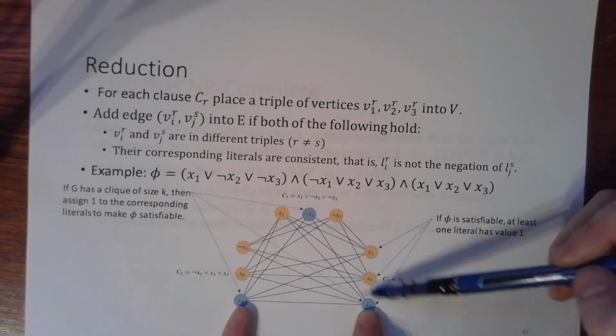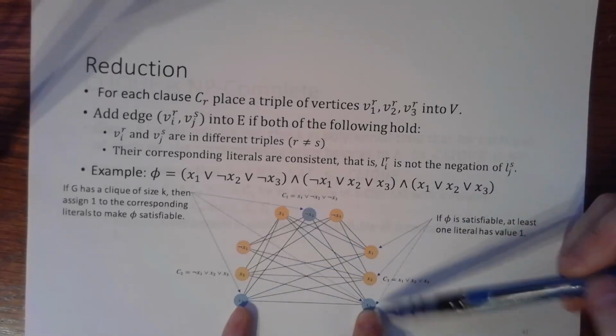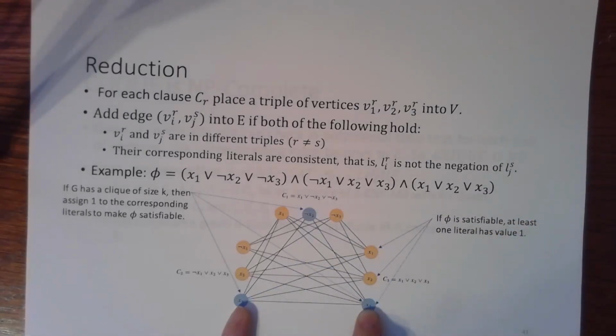So I will indeed have a clique that goes between 3 of the nodes that evaluate to true. So if this is satisfiable, then there has to be a clique of size 3, or of size k in general. And then we can also go the other direction.